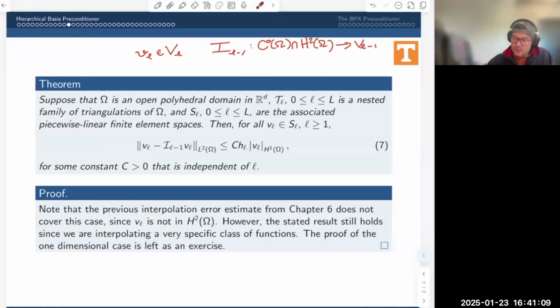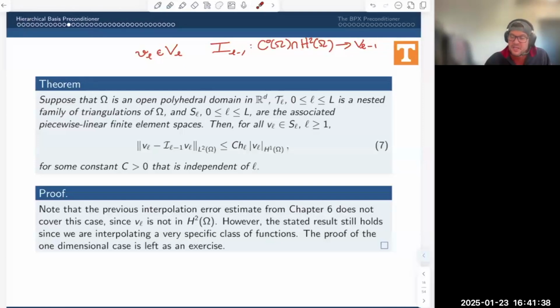Now, the reason why it works is because I'm, again, in a finite dimensional space. Actually, I'm dealing with a very special set of functions. So this would not work in general for a general set of functions in H0^1. If I replace this by general functions in H1, then it wouldn't work. However, since I'm working with finite element functions, this interpolation error estimate works. So that's another technical detail that I need to prove the results that I need.